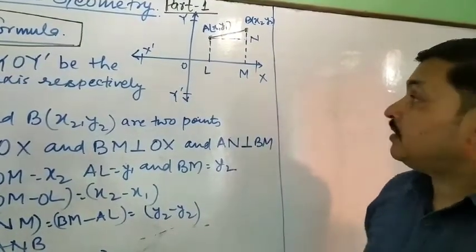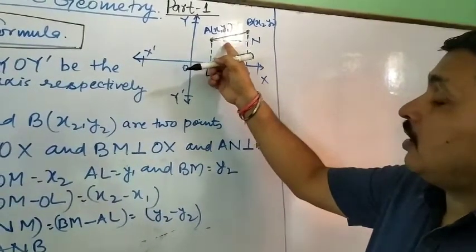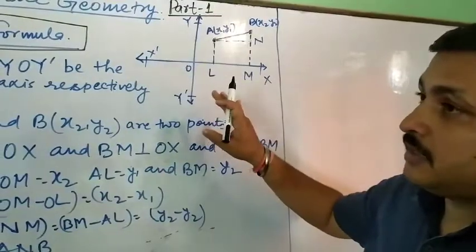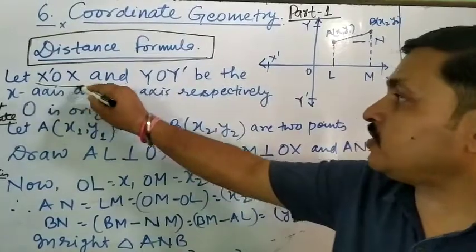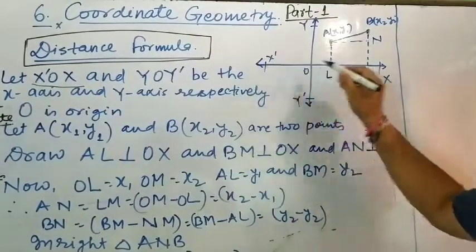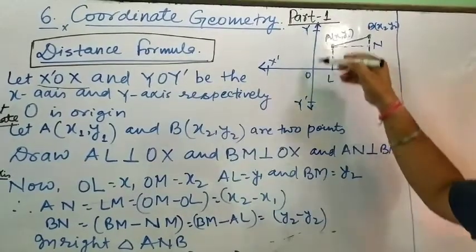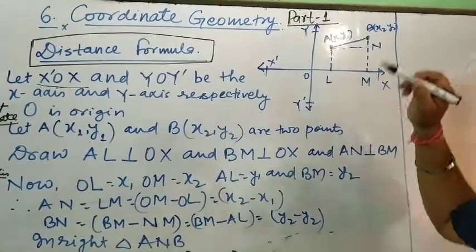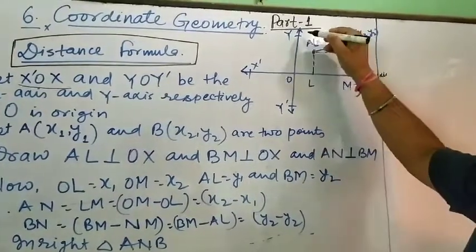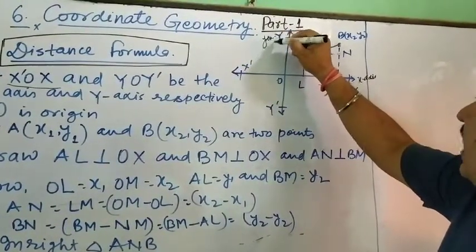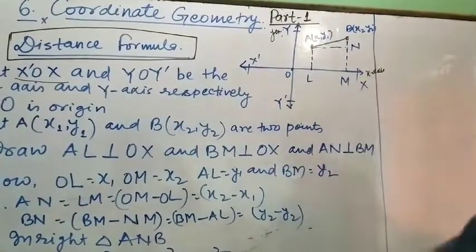At first we draw X'OX, the horizontal line, and YOY', the vertical line, representing the x-axis and the y-axis, and O is the origin.